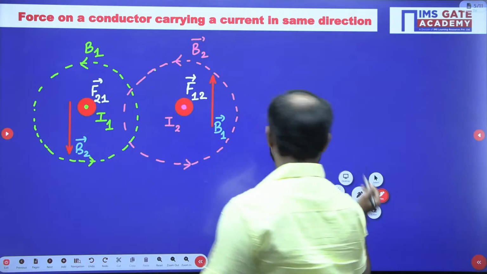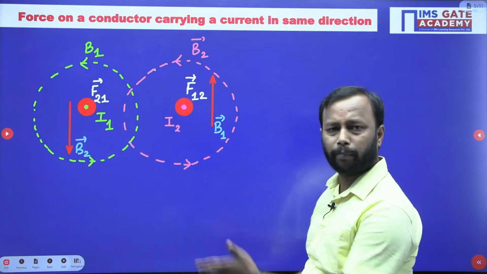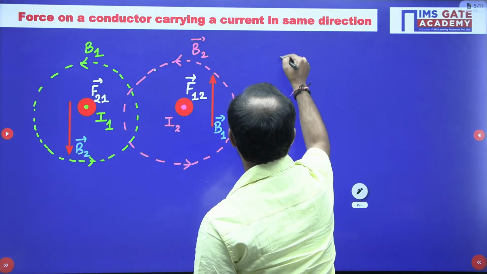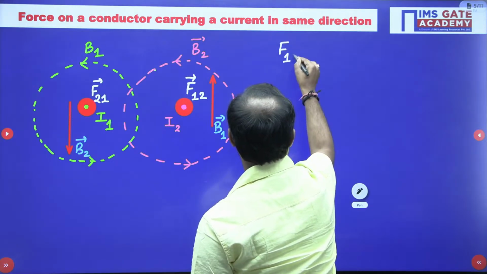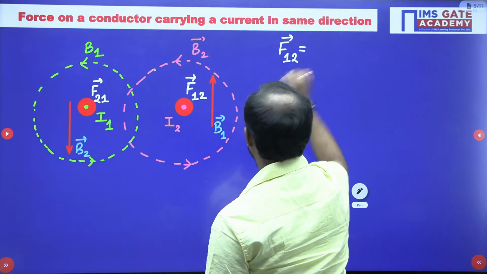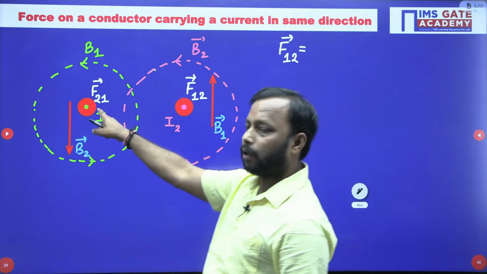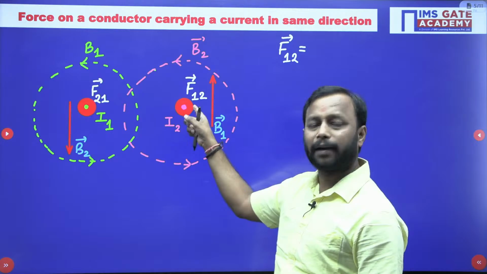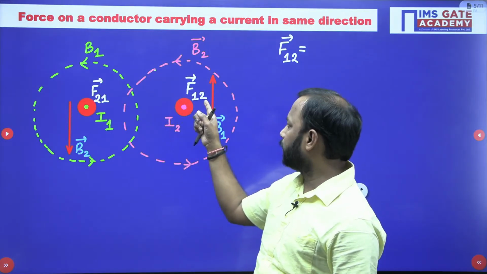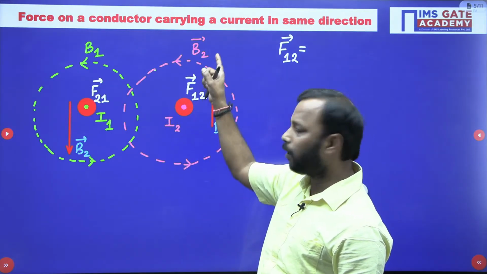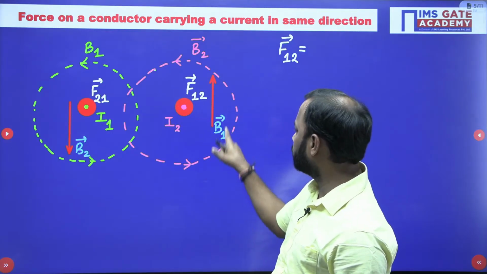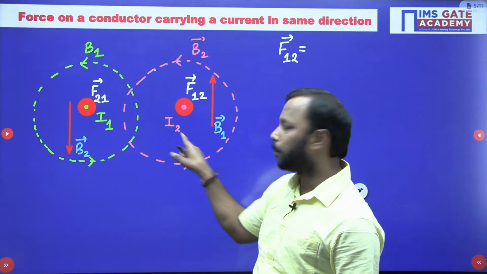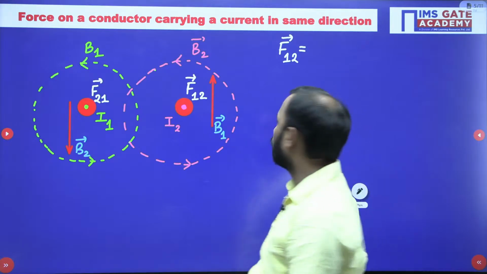Now, what is this F21 or F12? Let me write F12 first. Now, we know that this conductor is carrying a current, and this conductor is under the presence of magnetic field, which is B1. Therefore, it is going to experience a force.